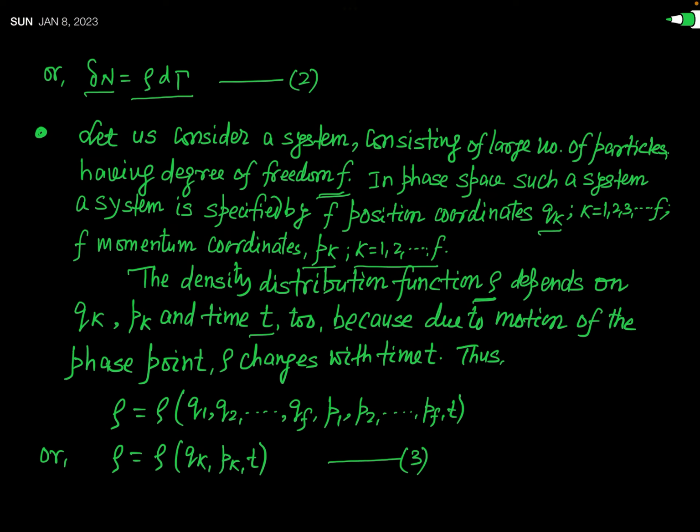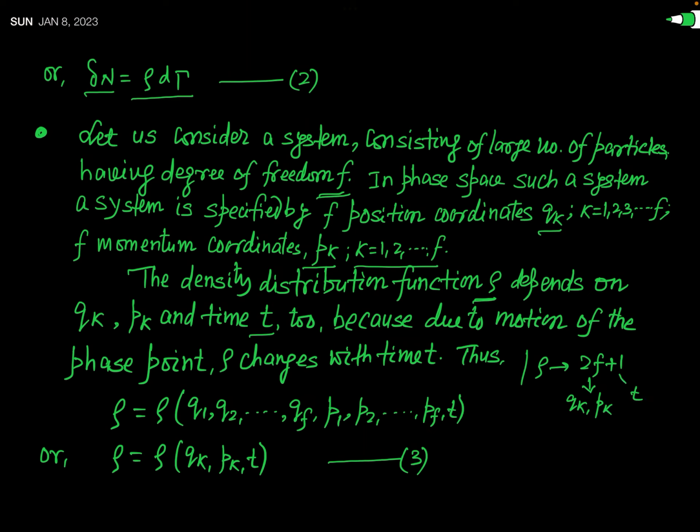So as a whole, this density distribution function will be a function of 2f plus 1 independent variables. Among these 2f, f will be the position coordinates, that is qk, and f will be the momentum coordinates, that is pk, and this 1 is for time t.